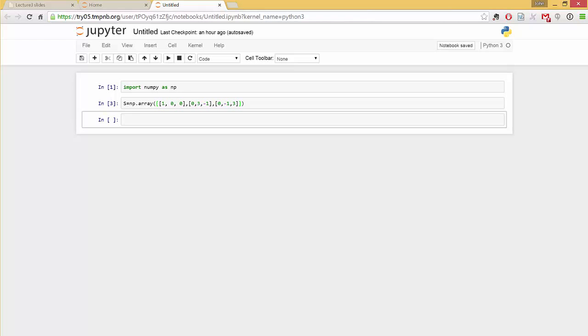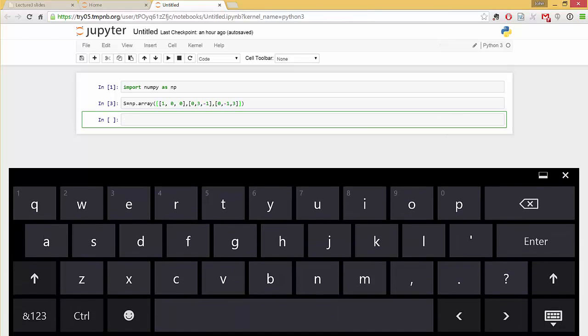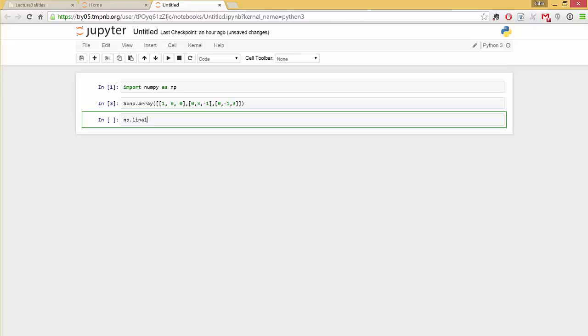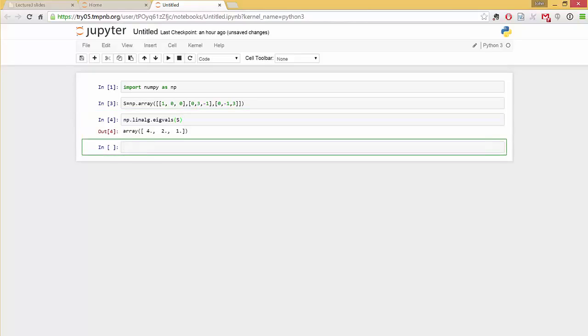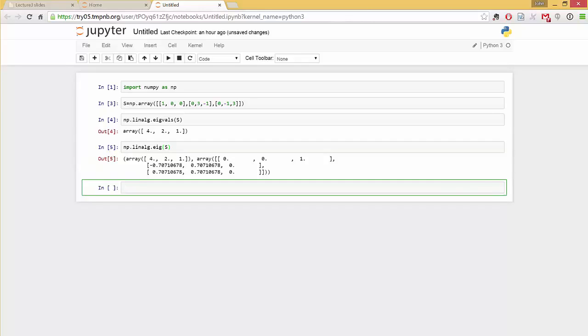Okay, so I should be able to then do np.linalg.eigvals of S. So I solve for the eigenvalues of S. I think if I just do eig, it should give me the eigenvectors as well.